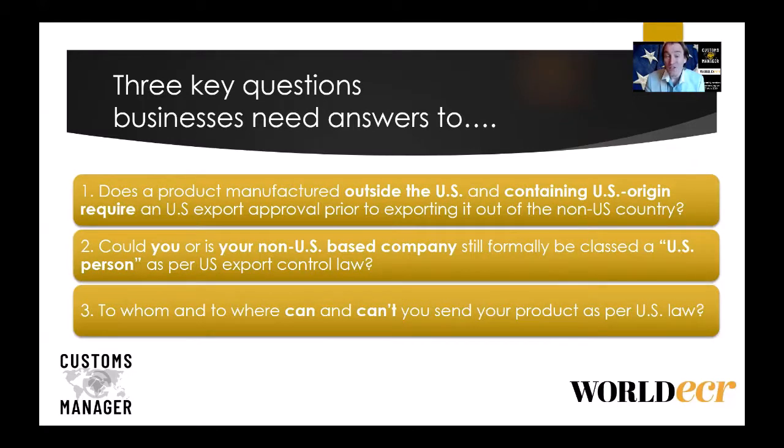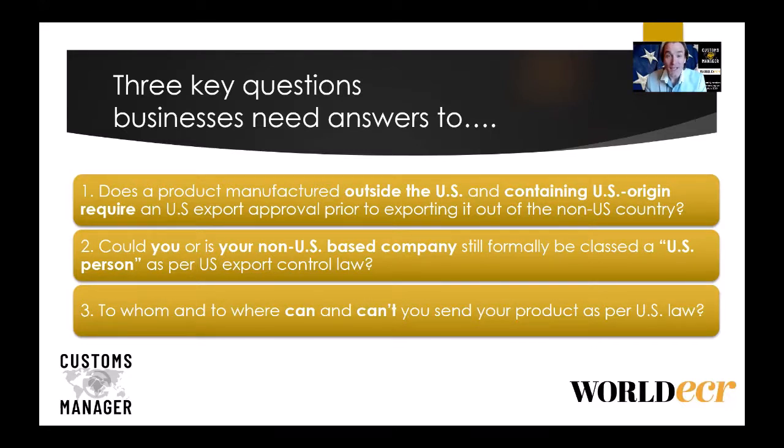So the three questions businesses need answers to, regardless of whether you're in the UK, the EU, or anywhere in the world. Does the product you're producing, the product manufactured outside the US that does contain some US origin, require a US export approval prior to exporting it out of your country?